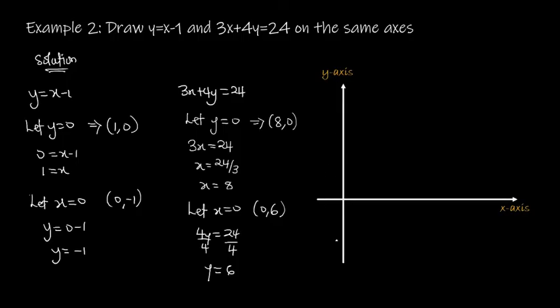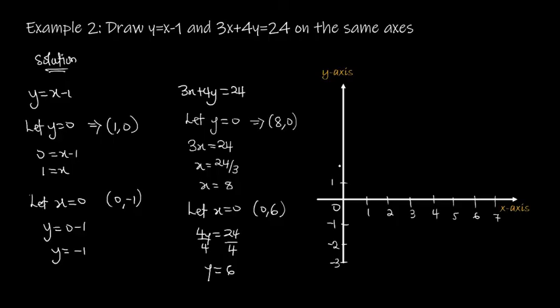So I have my y-axis, my x-axis. This is my origin. So I can go ahead and label my axis. I have 1 here, 2, 3, 4, 5, 6, 7. I have here -1, -2, -3.